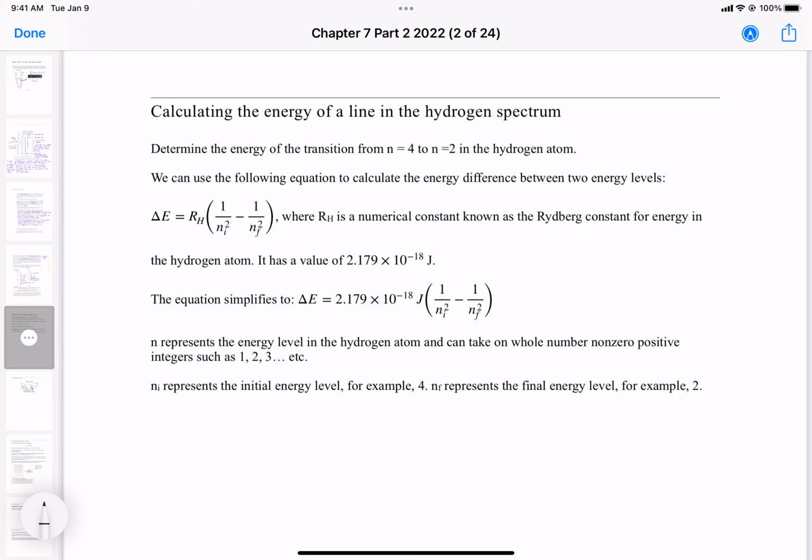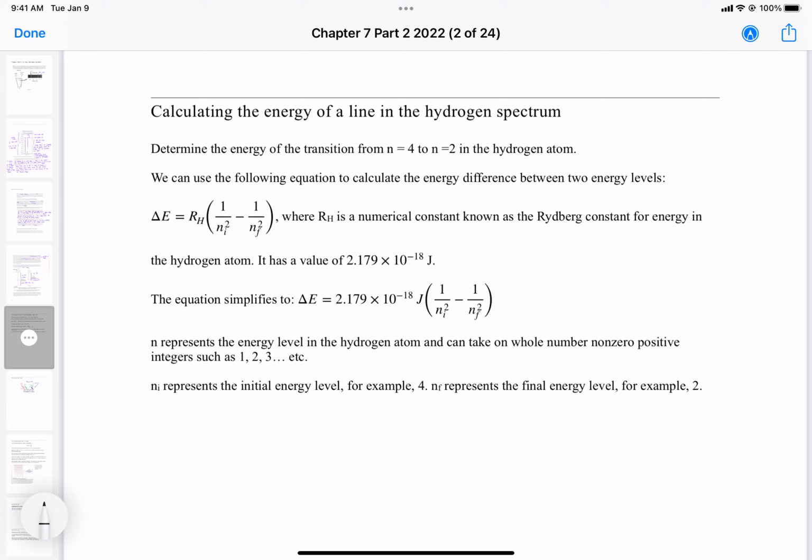So delta E equals RH multiplied by 1 divided by n i squared minus 1 divided by n f squared, where RH is a numerical constant known as the Rydberg constant for energy in the hydrogen atom. It has a value of 2.179 times 10 to the negative 18 joules.